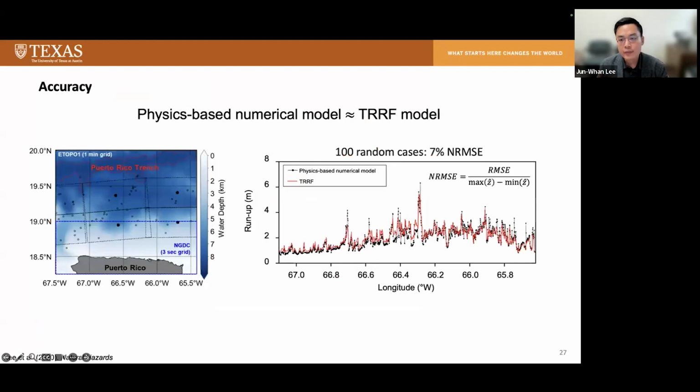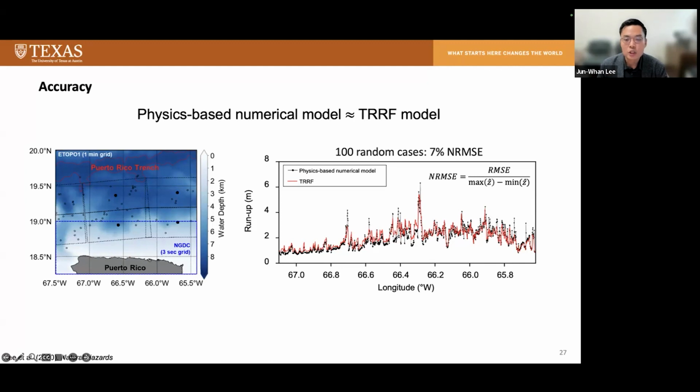So to validate this new machine learning approach, we trained this new machine learning model for the northern Puerto Rico area, where a large tsunami can arrive within an hour if a large earthquake occurs near the Puerto Rico Trench. And we tested this new machine learning model on 100 random tsunami scenarios that had never been used for training.